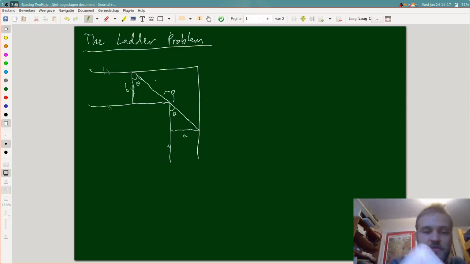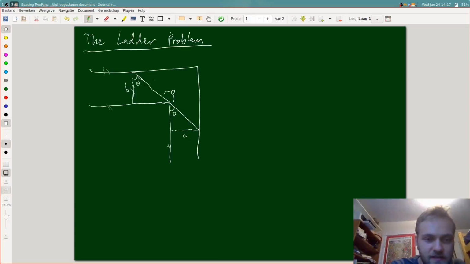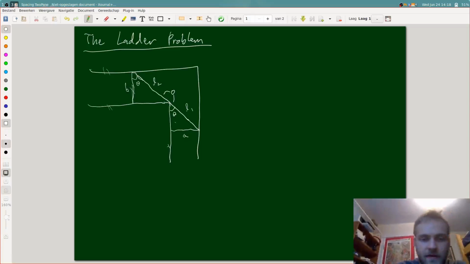And so now we can use trigonometry to get these lengths, which I'm going to call L1 and L2. On this side, we have opposite over hypotenuse, and that's sine.